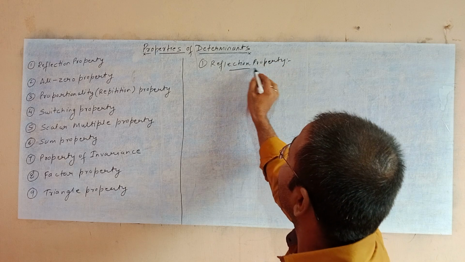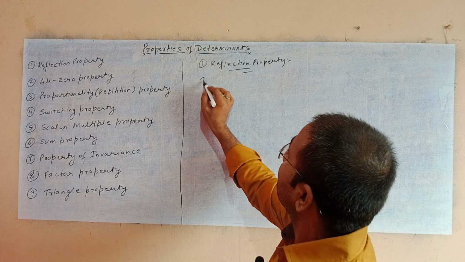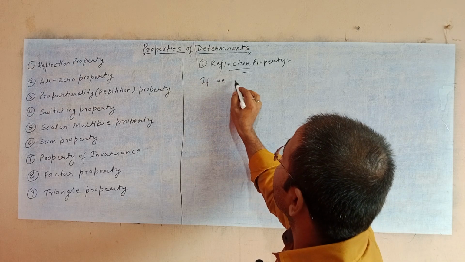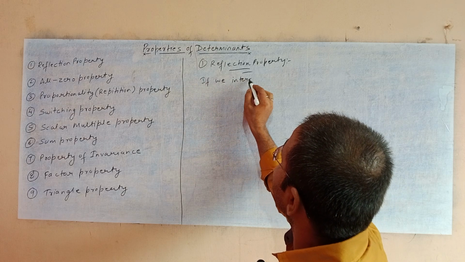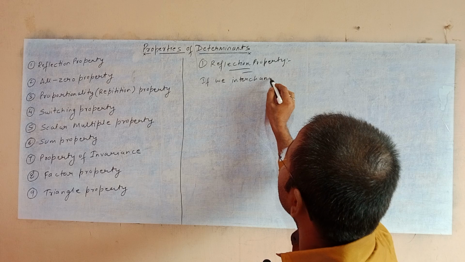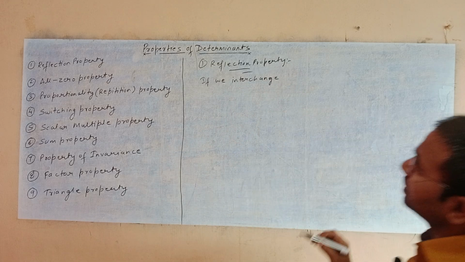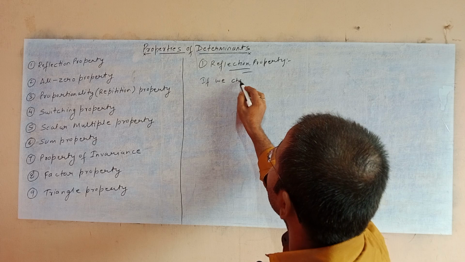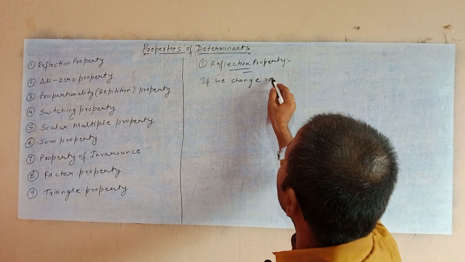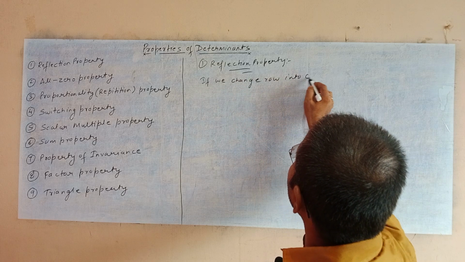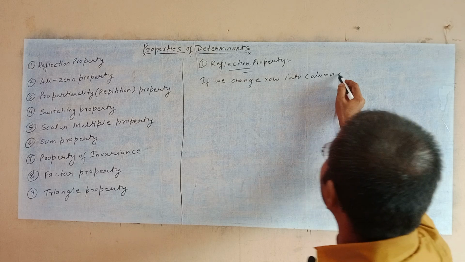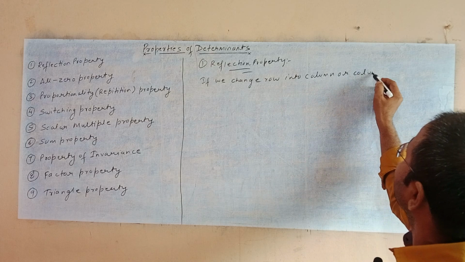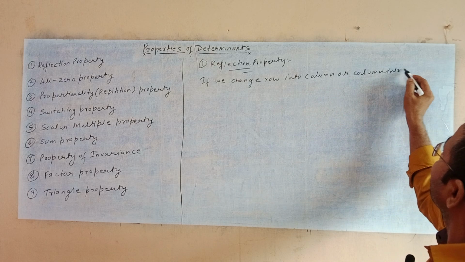Reflection property means if we interchange, or if we change, row into column or column into row.